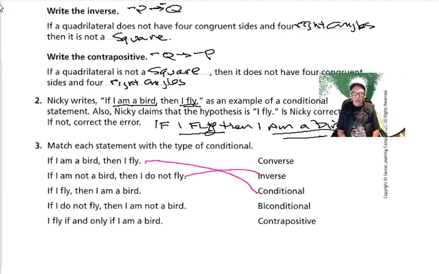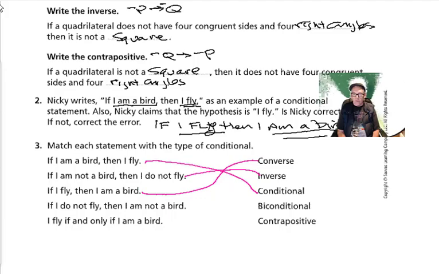If I fly, then I am a bird. The Q and the P have changed places. That makes that a converse. If I do not fly, then I am not a bird. The not is with the fly, and the not is with the bird.